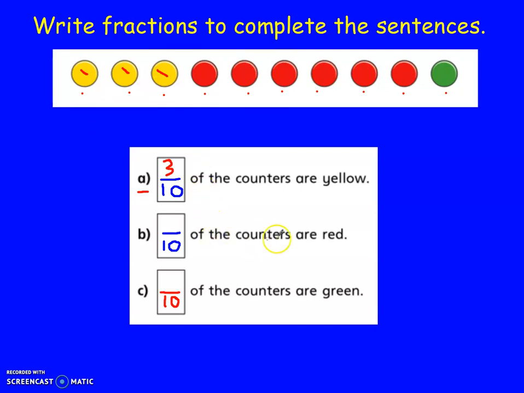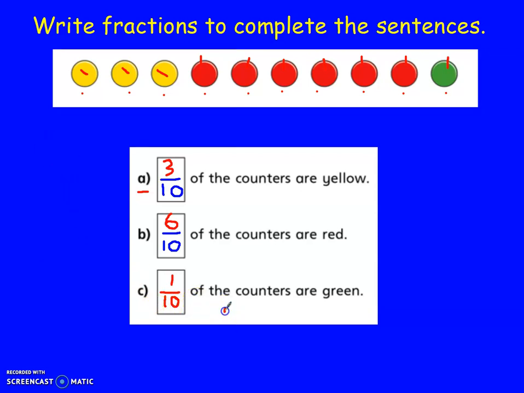How many of the counters are red? 1, 2, 3, 4, 5, 6. So our numerator is 6. 6 tenths of the counters are red. And then the last one, 1 tenth of the counters are green. So 1 out of 10 counters are green. 1 tenth.